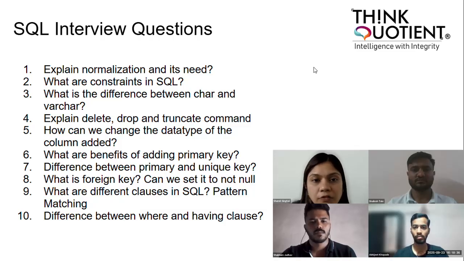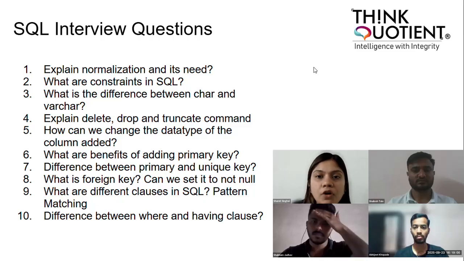But what are the other benefits of adding a primary key? It is already preventing duplicate and null values. But there is one extra thing: a primary key creates a clustered index. Whenever you create a primary key or a unique key or a foreign key, they all create an index. An index is something which makes searching faster because it helps us store the data in sorted format.